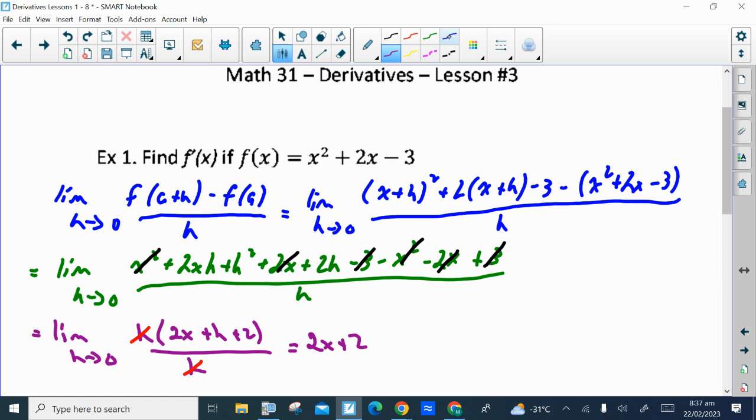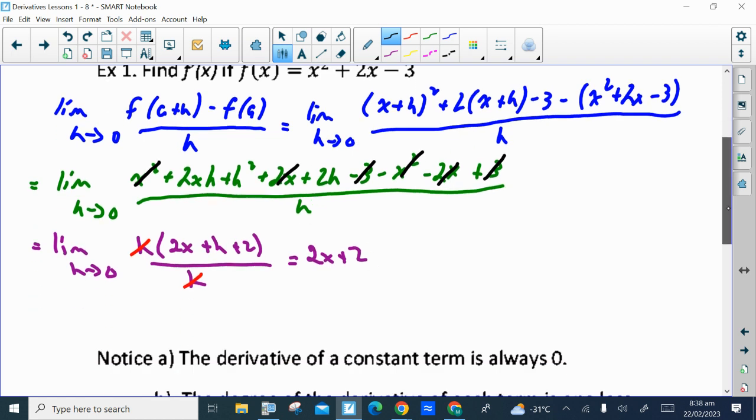You also might remember from yesterday that we did one example where f at x was just x squared, and we saw that f prime x was 2x. That was one of the ones we did yesterday. The derivative of x squared is 2x, and in this case, the derivative of x squared plus 2x minus 3 is 2x plus 2.